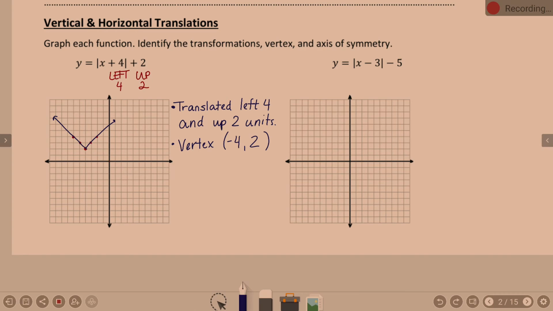And then we're also asked for the axis of symmetry. -4. No, we have to do y for x. X equals, no, it'd be, yeah, x equals 2, right? No, x equals -4.